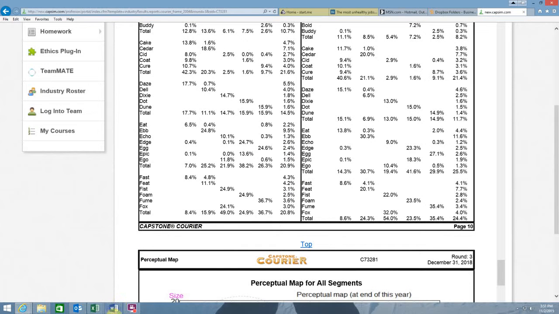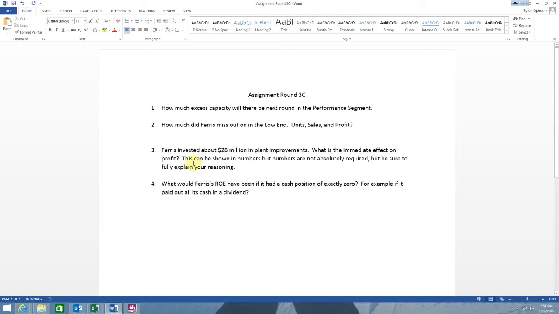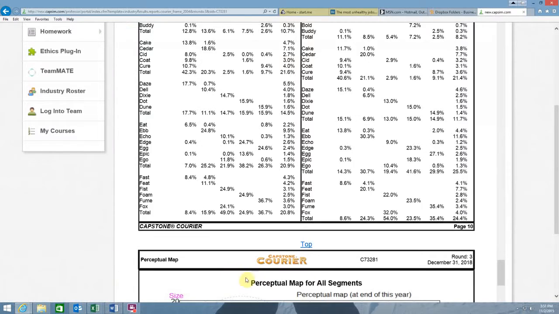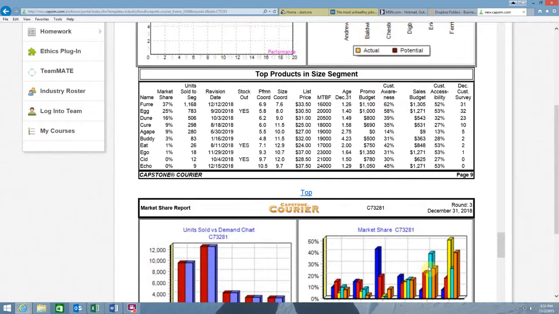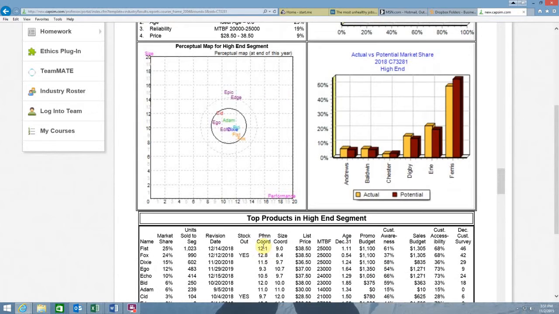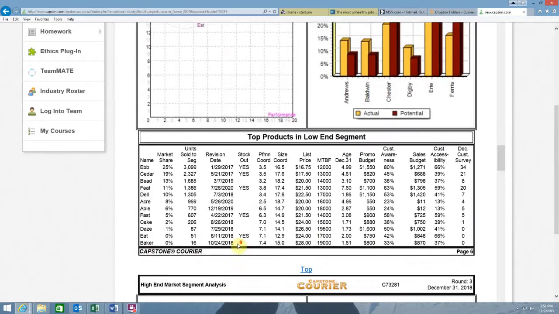We'll take a look at the assignment first, maybe. Assignment for round 3. How much excess capacity will there be next round in the performance segments? So again, I want you to take a look. Don't consider what's in inventory.